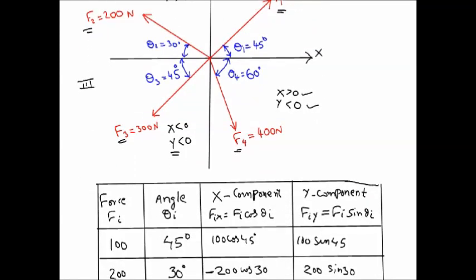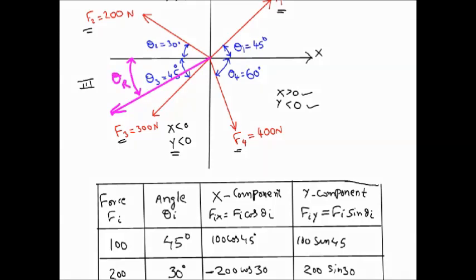So your force resultant should appear somewhat like this. The pink colored one shows here. Now what remains to be found is this angle. This angle we can call theta sub r.